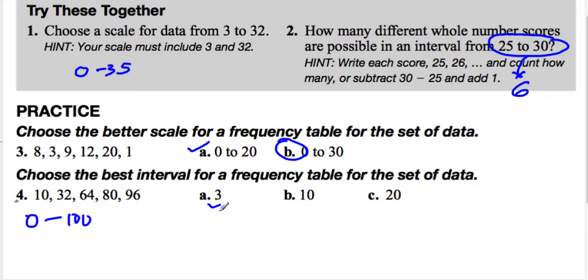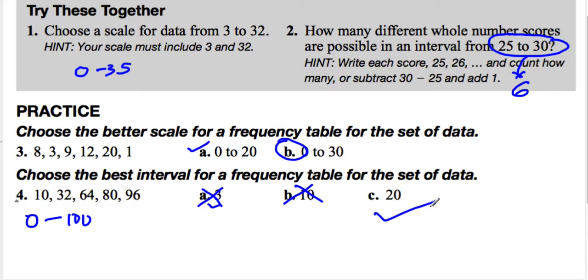If we do intervals of 3, there's going to be more than 7 intervals, so this is not a good choice. If we do intervals of 10, there would be 10 intervals. Again, that would not be a good choice. But if you do intervals of 20, there would be 5 intervals, and that's the reason why you want to choose 20, because you will only have 5 intervals.